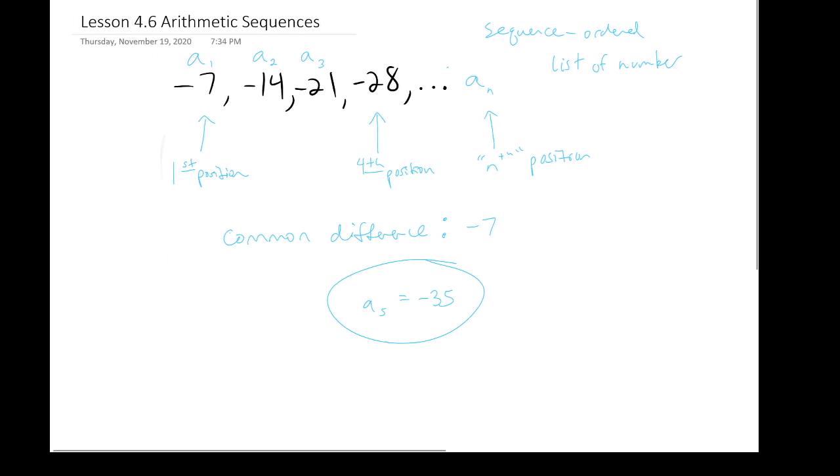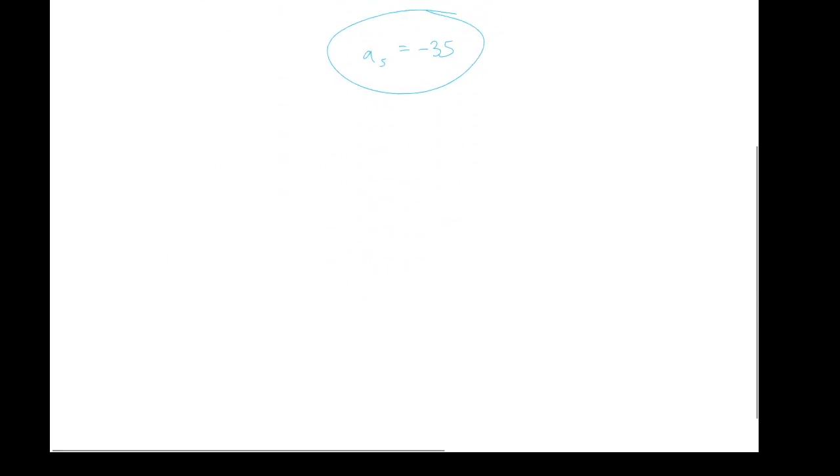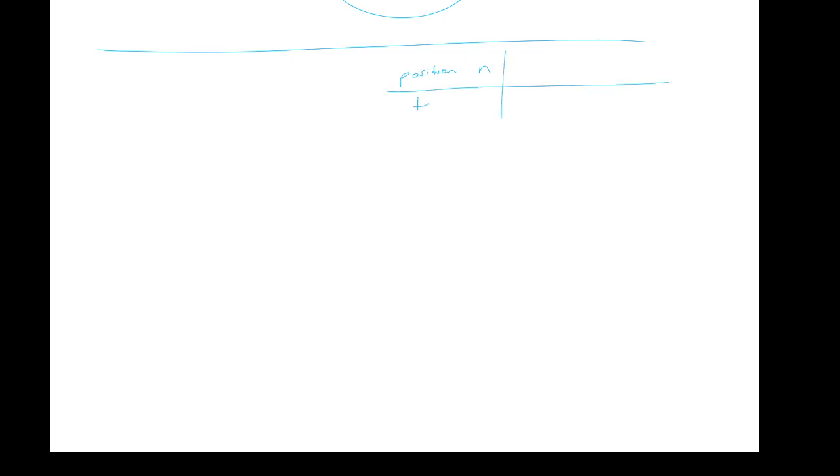Something you're going to notice about these sorts of things, we're going to take a look at another arithmetic sequence. We're going to take the position, which is n, and the term, which is A sub n.